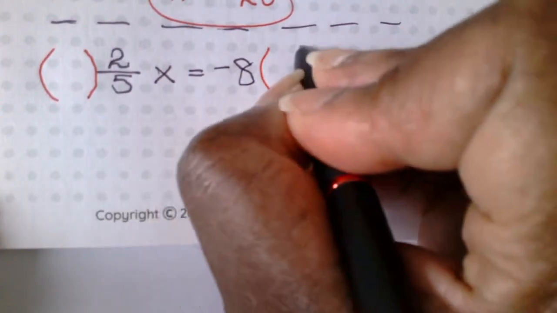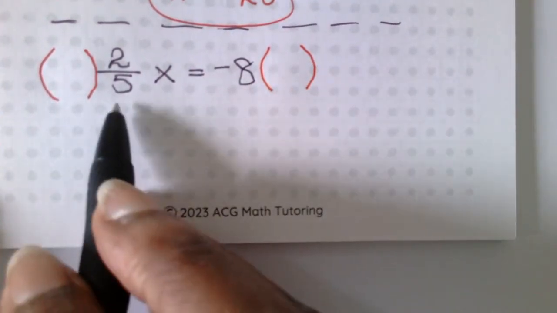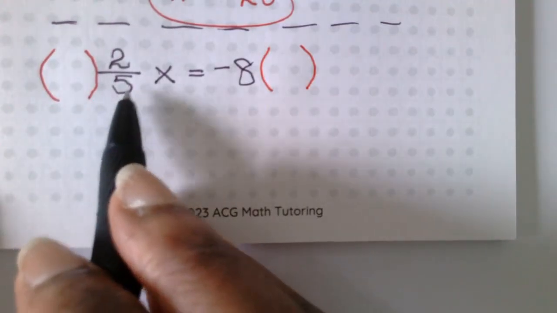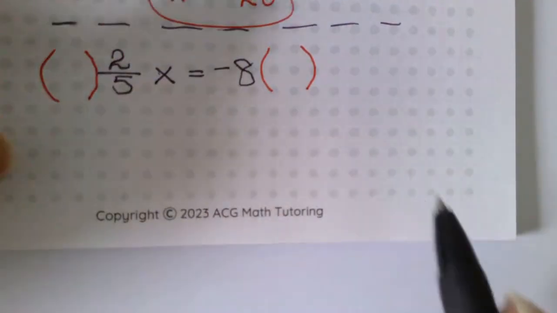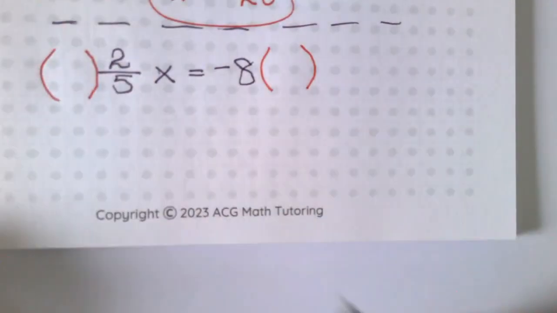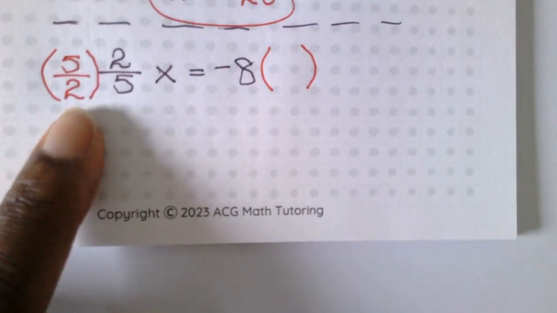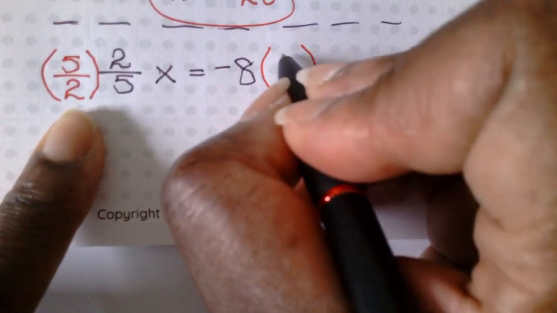So I like to show both ways. In order for me to cancel out the 2/5, I have to flip it, which will be 5/2. Whatever I do on one side, I can do on the other.